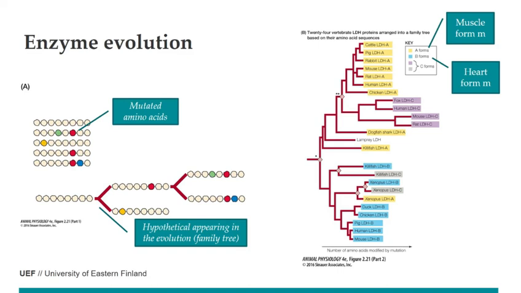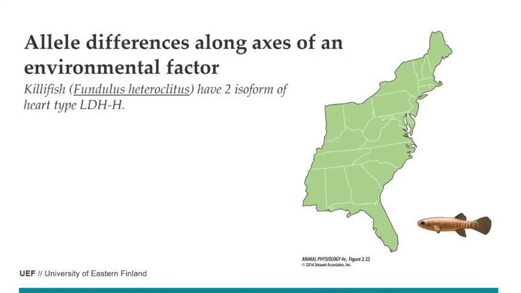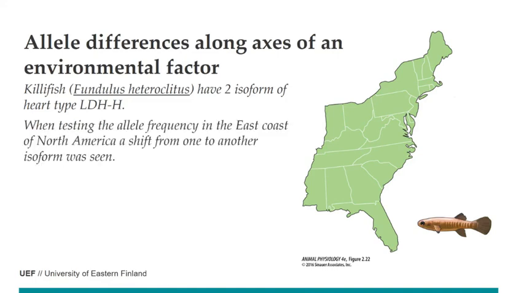And another interesting thing is that when we are using these molecular techniques, we can test what kind of alleles we have in different environments. So we have a killifish that have two different isoforms of this lactate dehydrogenase. And when tested on the east coast of North America, it shifts from one type to another one.